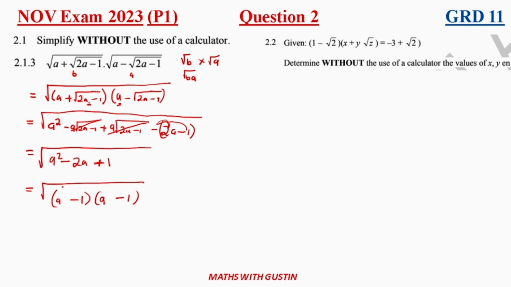All right, so therefore that's fine. We can simplify this further to say, instead of writing it in this format, we can say a minus 1 squared in the square root. Therefore, this can also be written as a minus 1 to the power 2 multiplied by 1 over 2, which ultimately gives us a minus 1.